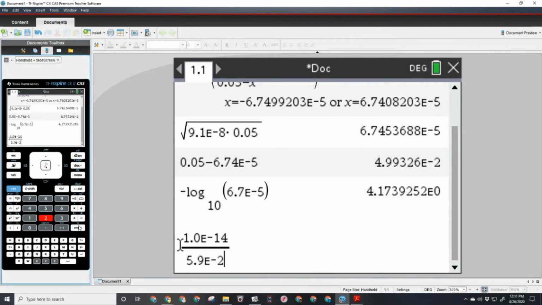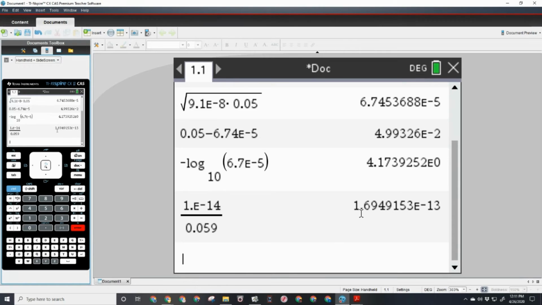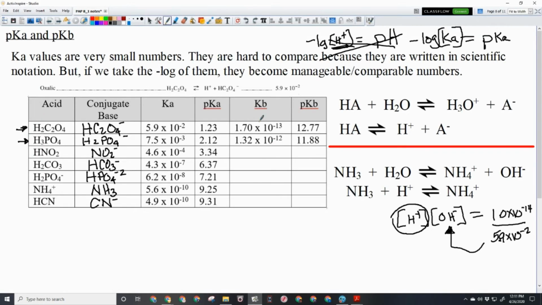It is. Okay, we're going to get 1.69 times 10 to the negative 13th, 1.7, that's just rounded, times 10 to the negative 13th. So that's how we get our Kb value when we're given our Ka. You're going to see here in a moment why that's important.